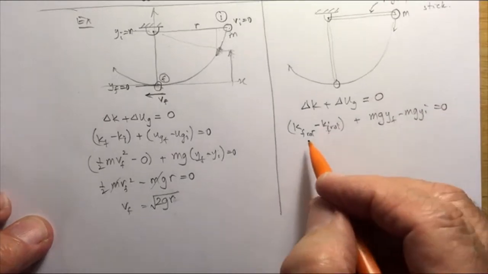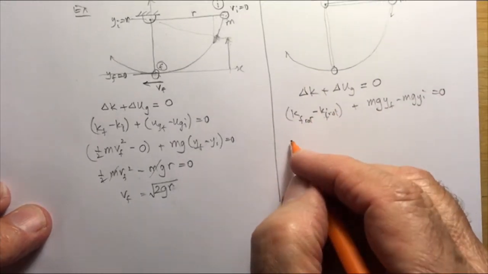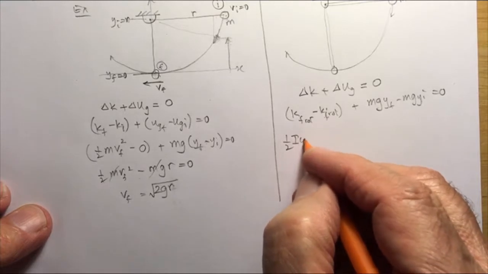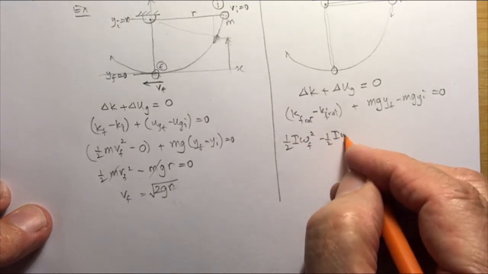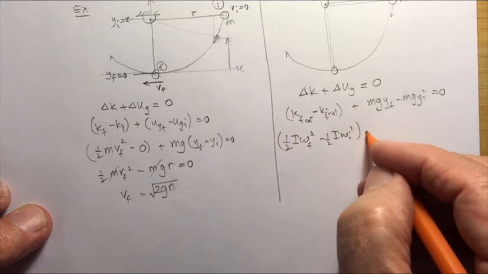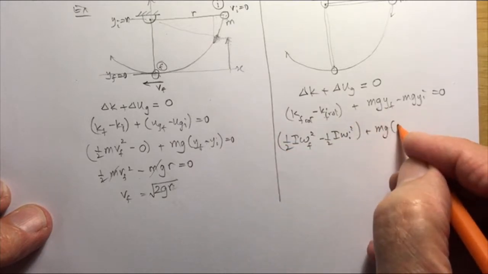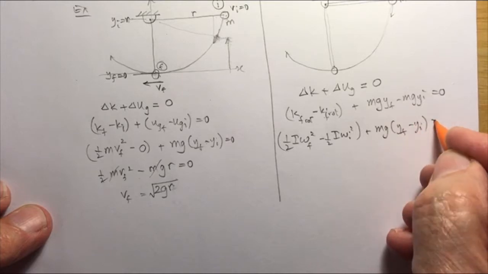So the rotational kinetic energy: half I omega final square minus half I omega initial square, and that's going to be mg times y final minus y initial.